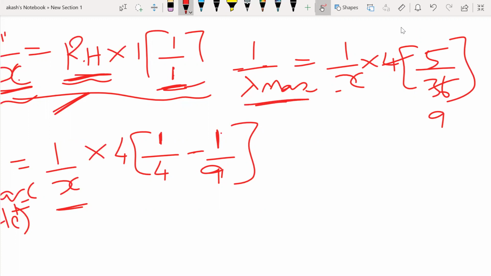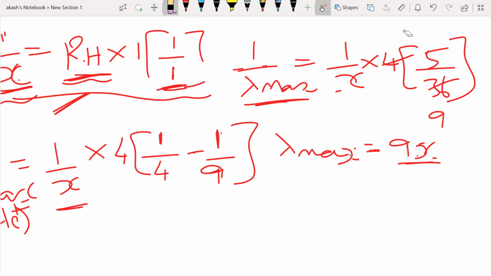So I just want lambda, right? So if I just take it ulta, lambda max will be, it's actually 5 by 9x. So it is going to become 9x divided by 5.